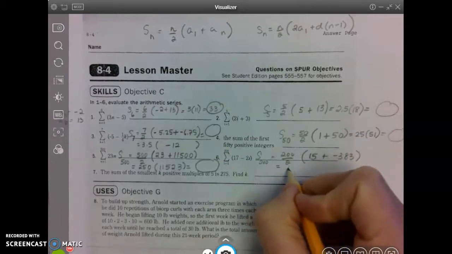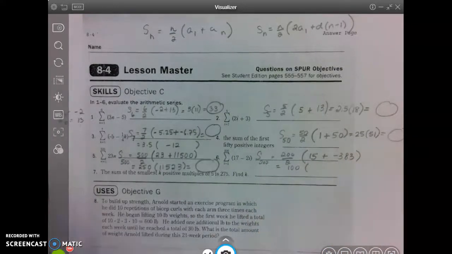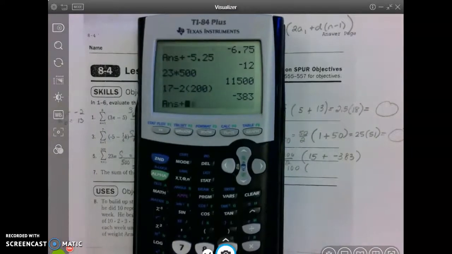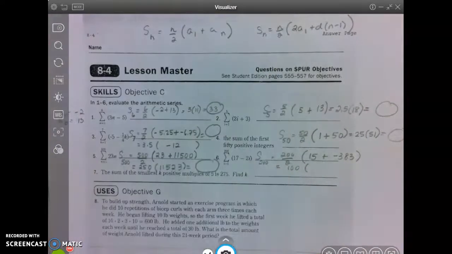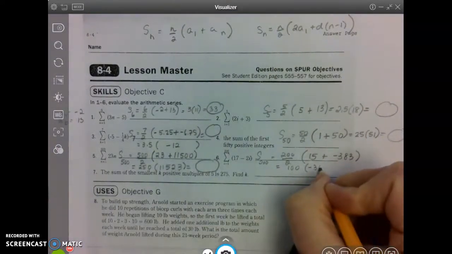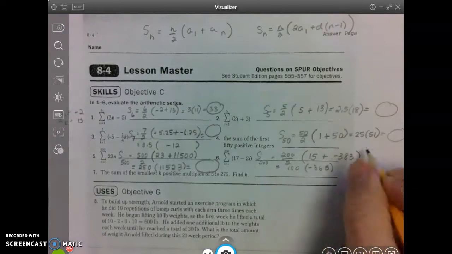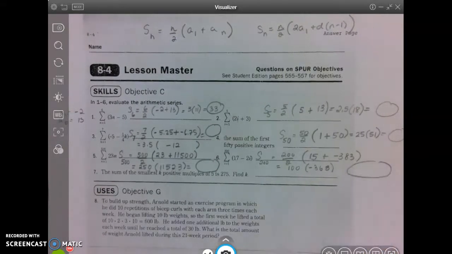So I end up with 100 times negative 383 plus 15 is negative 368. And then I'll get my final answer when I multiply that. All right, let's go to number 7.